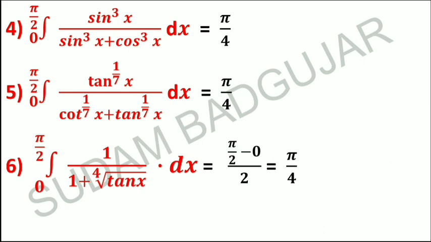So by the traditional board method, we have to convert it into sin upon cos, so it becomes 1 upon 1 plus 4th root of sin x upon 4th root of cos x, then taking LCM and cross multiplication, you will get a denominator that is a sum of 2 terms and one of the terms is at the numerator as in the previous form. But this is possible only for tan and cot, meaning tan x, tan cube x, tan raised to any power, or the fourth root of tan or cot. Then you have to write the direct answer, that is pi by 2 upon 2, it becomes pi by 4.